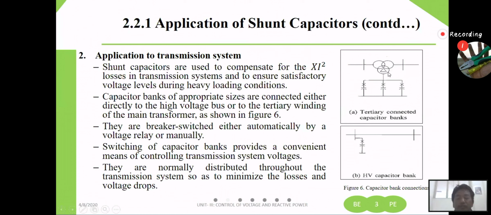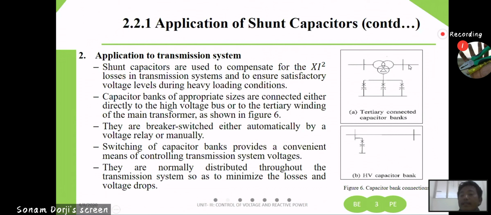The sending end voltage and receiving end voltage should remain the same, meaning there should not be any voltage drop. Voltage drop takes place when there are I square X losses. To prevent this, we use a shunt capacitor.